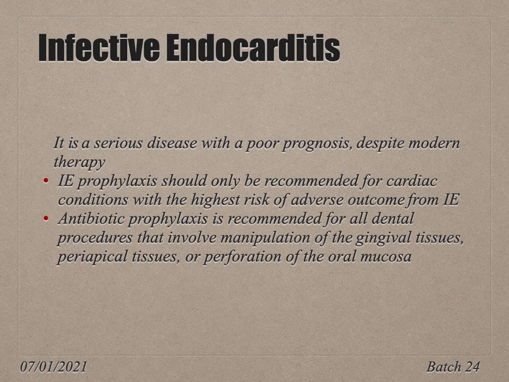Next possible cardiovascular disease is infective endocarditis. It is one of the serious diseases with poor prognosis. So infective endocarditis prophylaxis should be recommended for cardiovascular conditions with high risk of adverse outcomes of infective endocarditis.